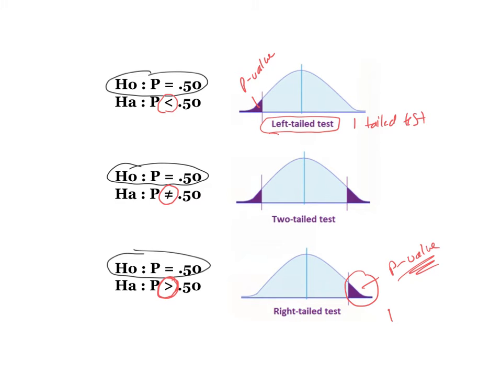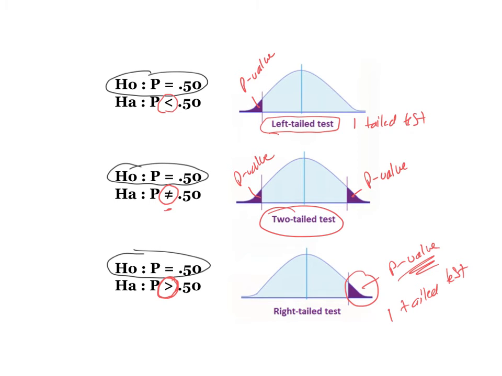Again, this one's called a right-tailed, or one-tailed test, because there's only p-value on one side of the picture. But when they do the middle one, the not equal to, there's p-value on both sides. Okay, and this is called a two-tailed test.